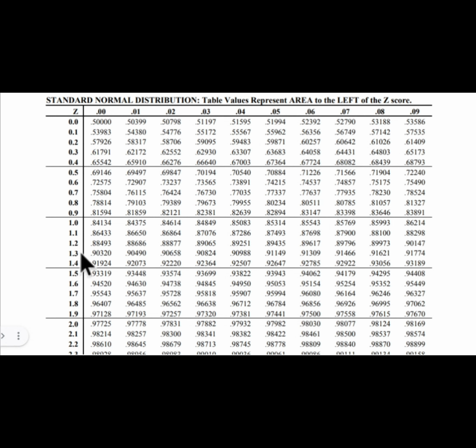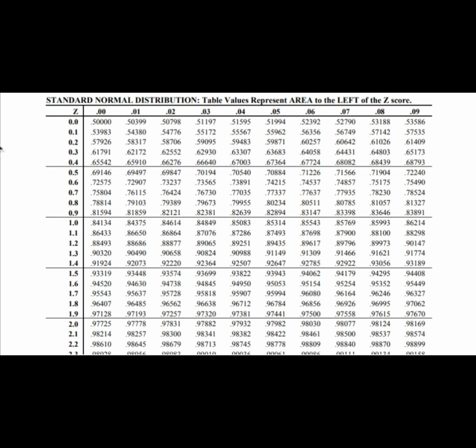But I want 1.35, so then I go here to 5. I can count 0, 1, 2, 3, 4, 5. And this is my number. This is my area under the curve for the entire interval to the left of 1.35, which is equal to 0.91149. So 91.15% of the entire standard normal distribution is to the left of the z-value 1.35.